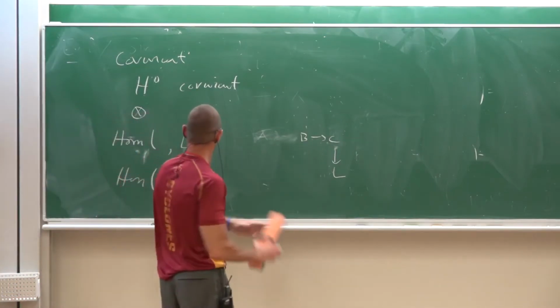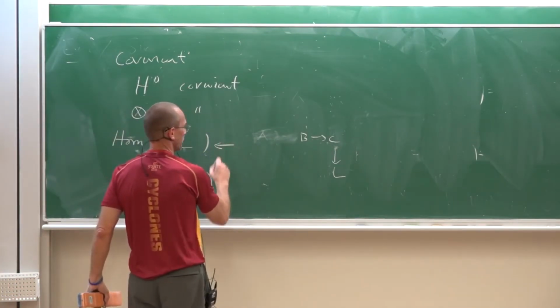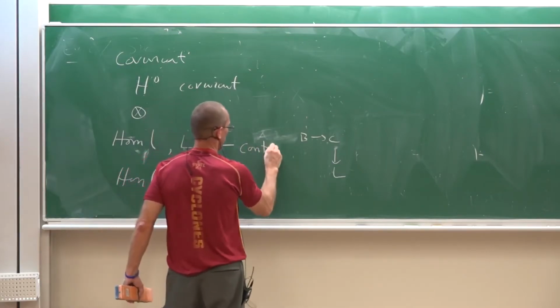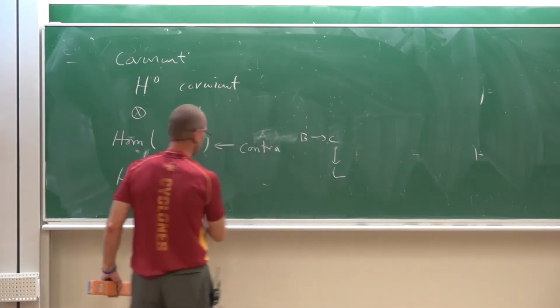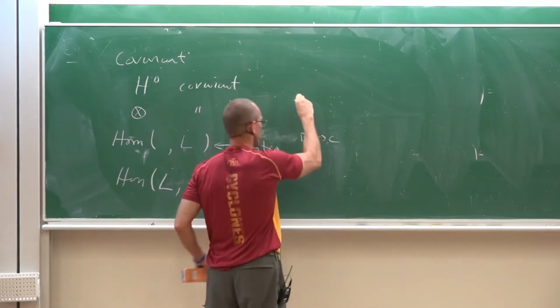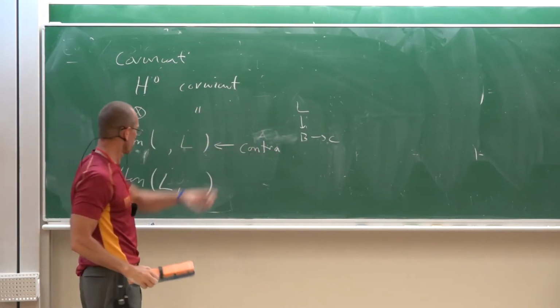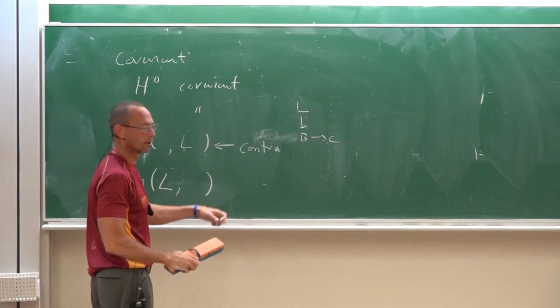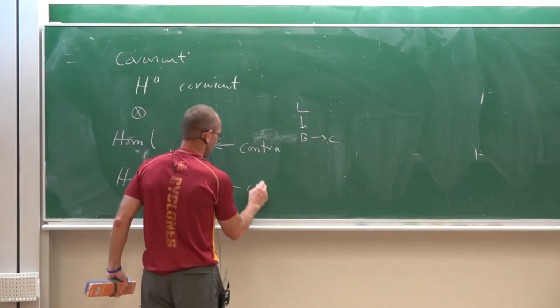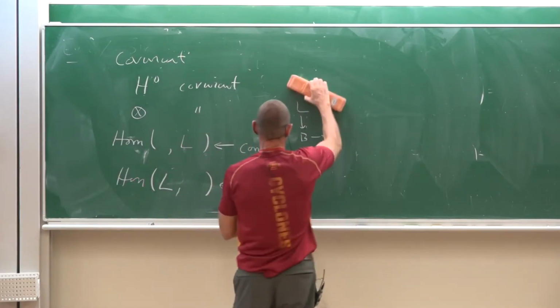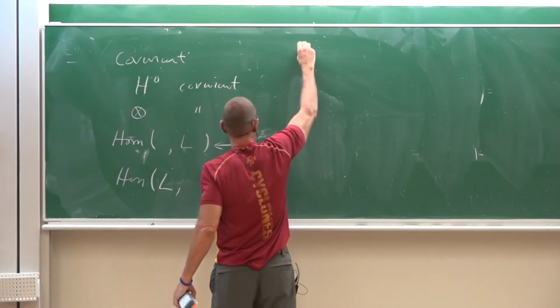So in particular, this is going to be what? Contravariant. On the other hand, if I do it this way, L maps to B, then follow that diagram. So this one is covariant, right? All right, so there's a good stable of examples, and we're not quite done yet.